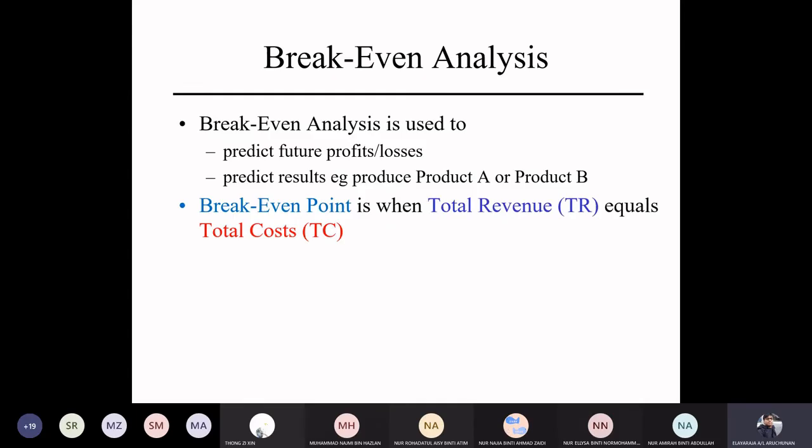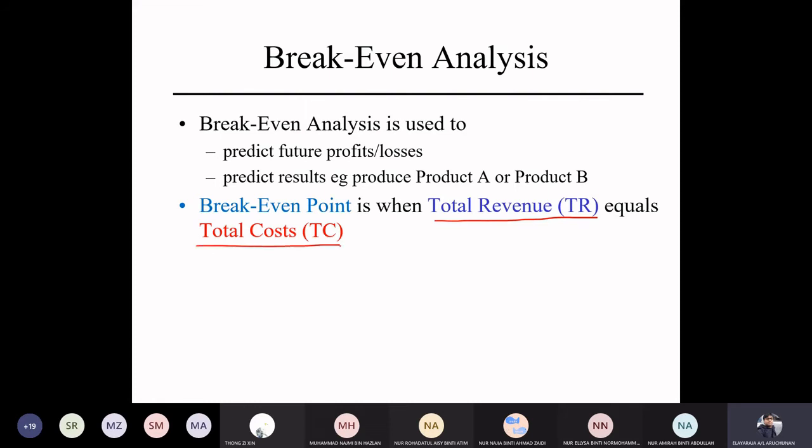Now, the break-even point is when the total revenue, say all the product has been sold and you get the return, so you sell all the product and you get the amount, is equal to total cost.